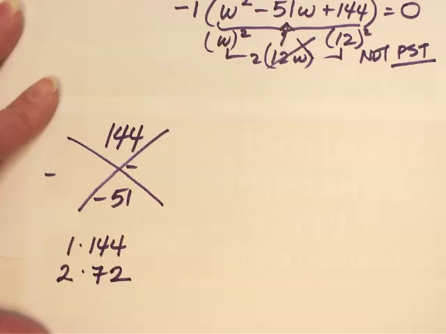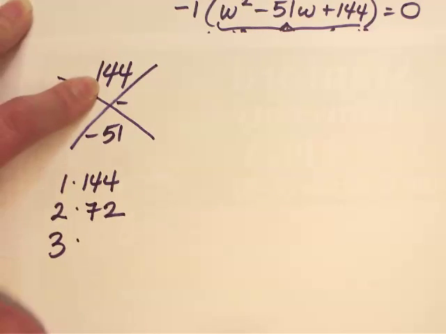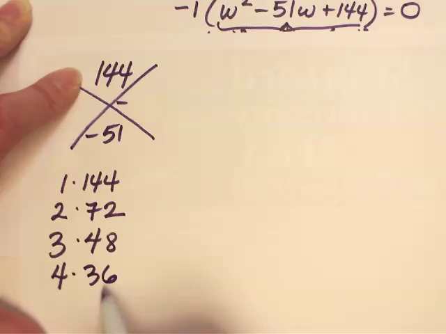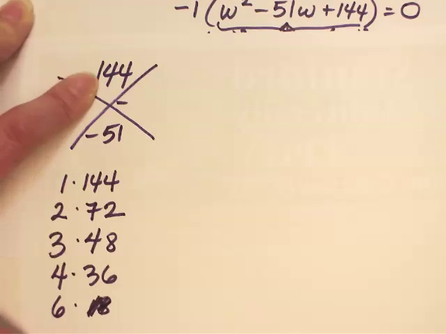Notice I'm just going in order to make sure I don't miss any of them. 3 times, 3 goes into here 48 times. 4 goes in here 36 times. 5 doesn't work. 6 times, 6 would go in here, no, it doesn't go in 18 times, I'm sorry. 6 would go in there 24 times, right? Yeah.